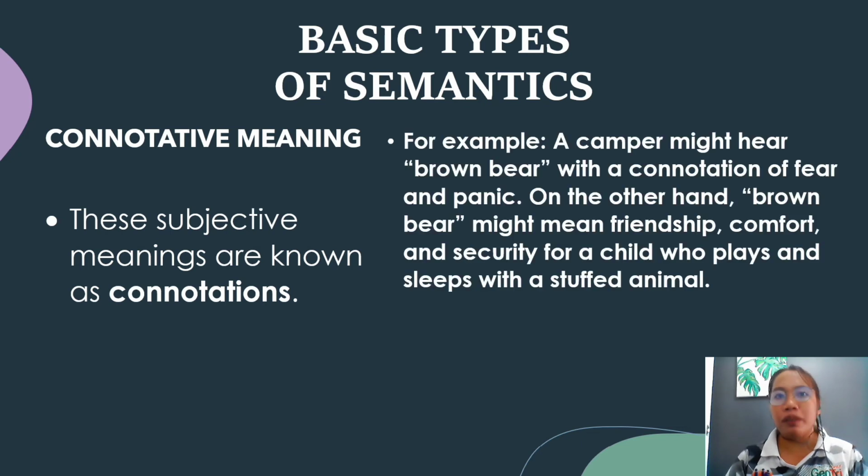For example, a camper might hear brown bear with a connotation of fear and panic. On the other hand, brown bear might mean friendship, comfort, and security for a child who plays and sleeps with a stuffed animal. This means that connotative meaning is concerned with the real world experience one associates with a linguistic expression one uses or hears.